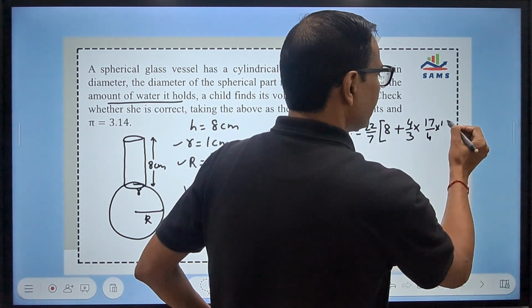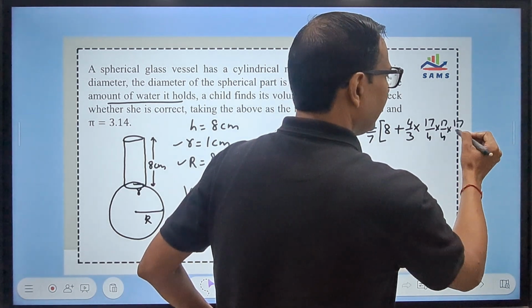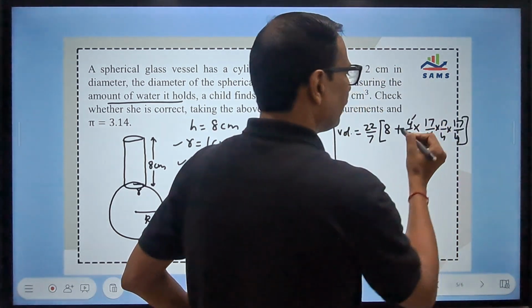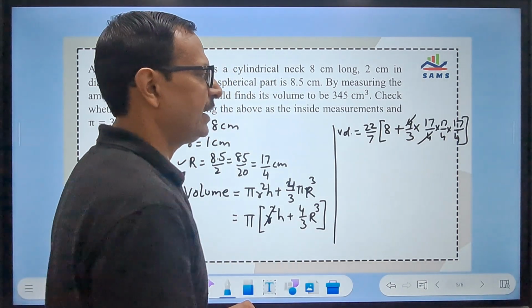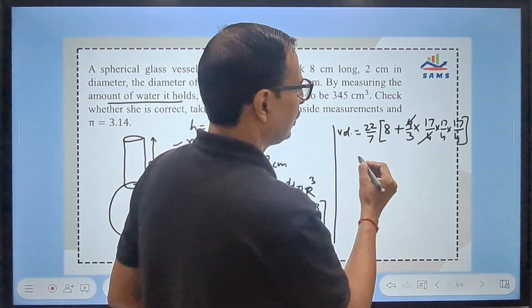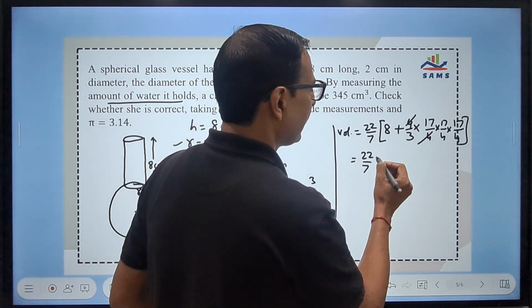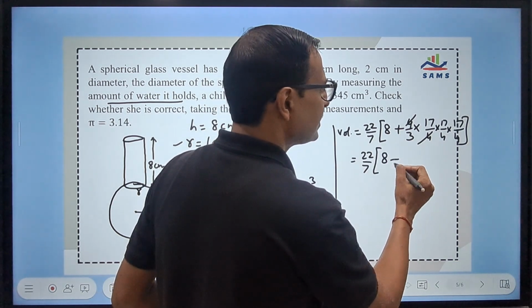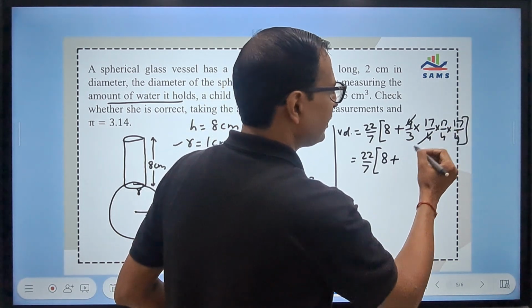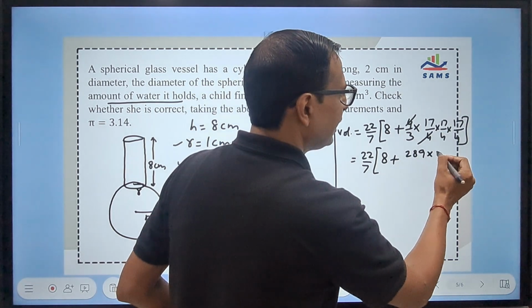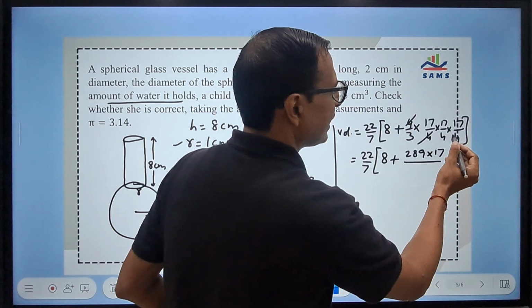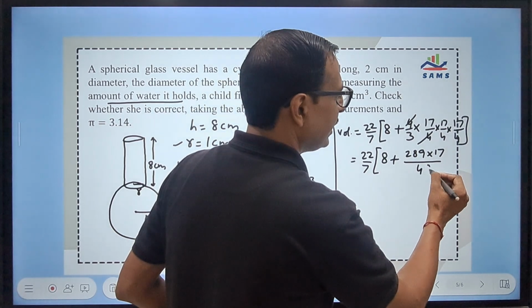So 17 by 4, 17 by 4 and 17 by 4. So one of the 4's will get cancelled. So 22 by 7 times 8 plus, we have 17 times 17, 289, times 17 upon 4 times 4, 16, 3s are 48.